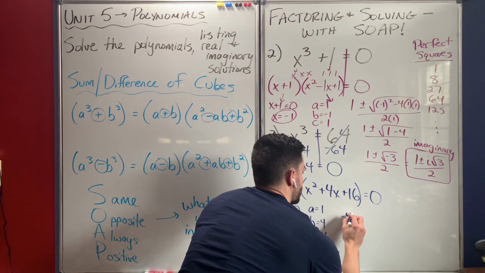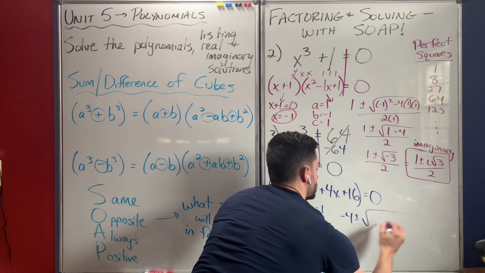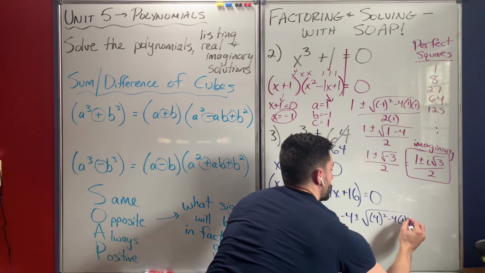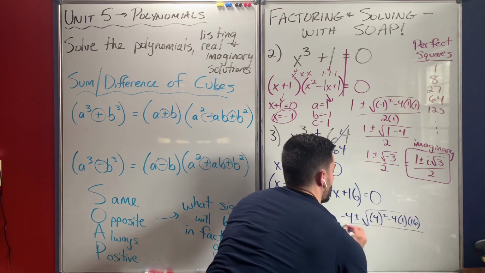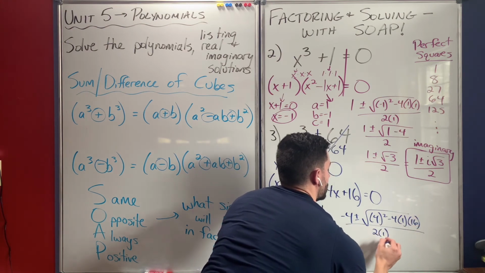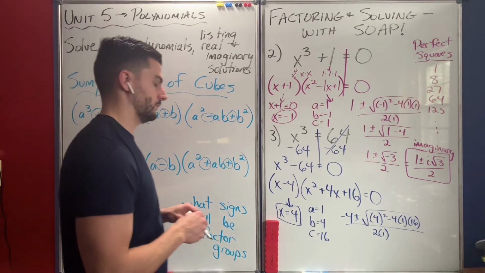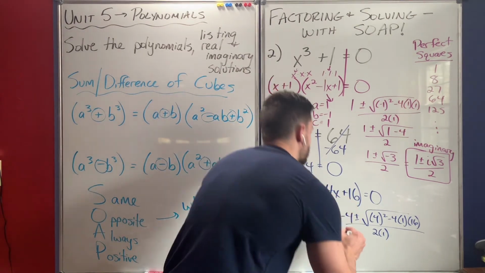So it would be negative 4 plus or minus big square root of 4 squared minus 4 times 1 times 16 all over 2 times 1. So that's just plugging all those numbers into the quadratic formula, okay? And then you go about reducing it all.